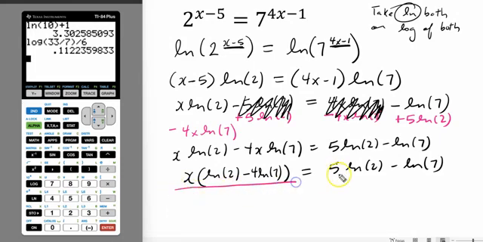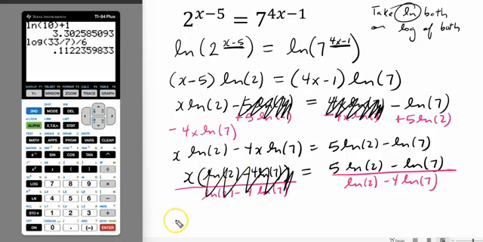So I'm going to divide both sides by whatever x is multiplied by here. So these will cancel, and I'm left with my exact answer for x, which is this, but I'll write it all in one color now.